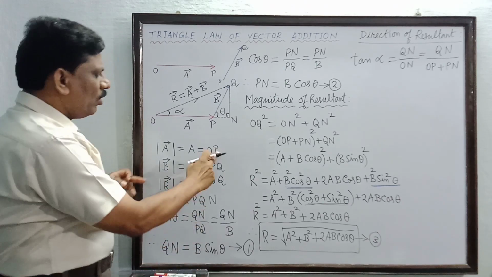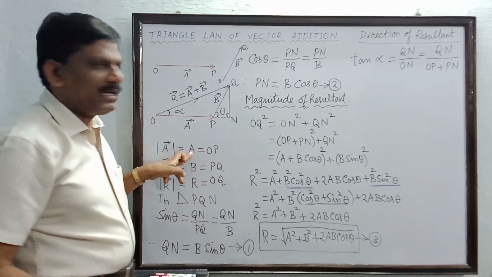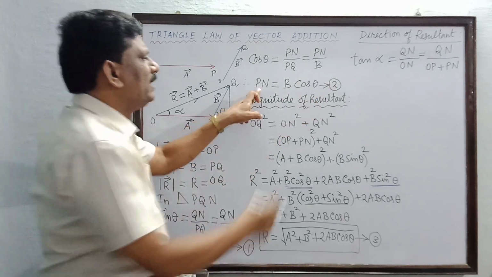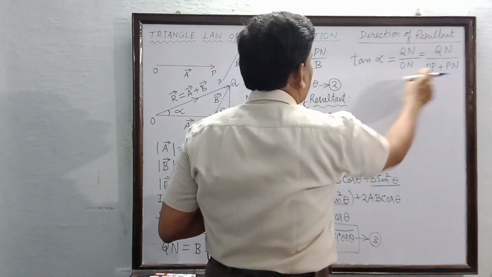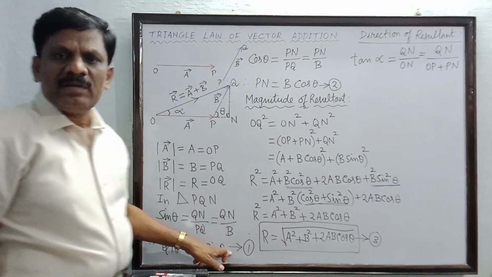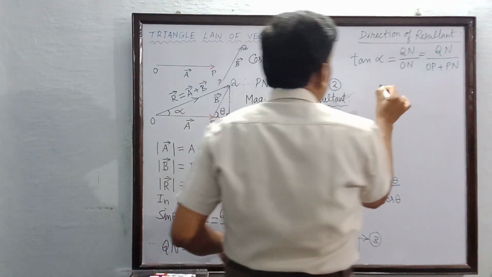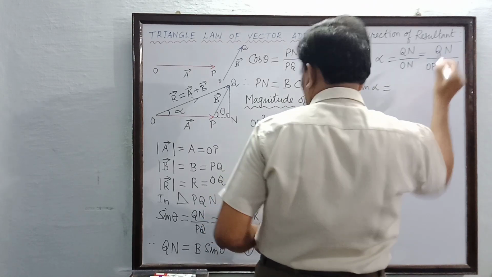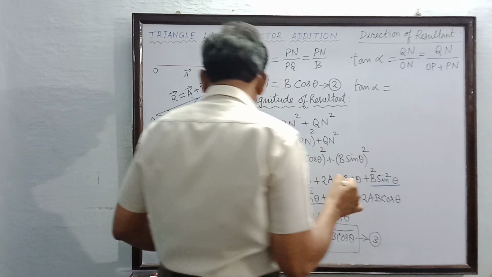So what is OP equal to here? A. I am going to substitute OP is equal to A and PN is equal to B cos theta in the denominator. Similarly, what is QN? QN is equal to B sin theta. I am going to substitute. So tan of alpha is equal to, QN is B sin theta.